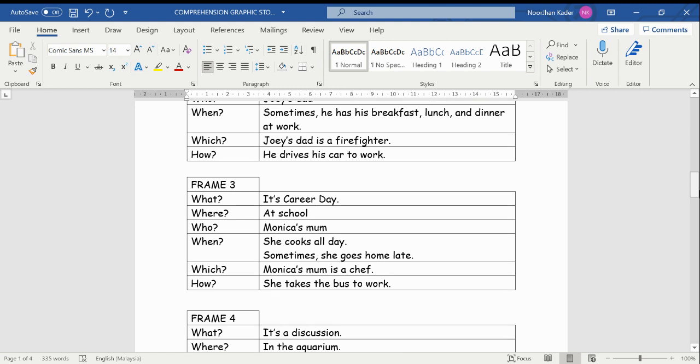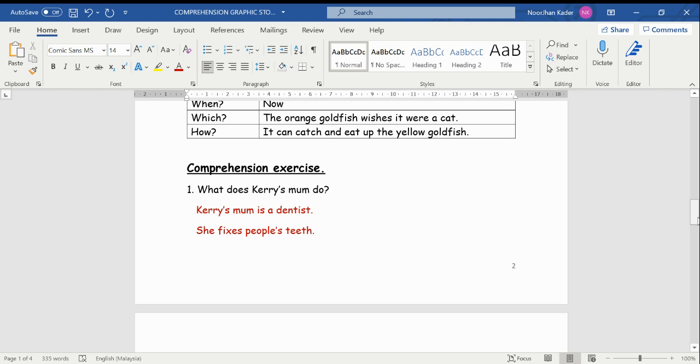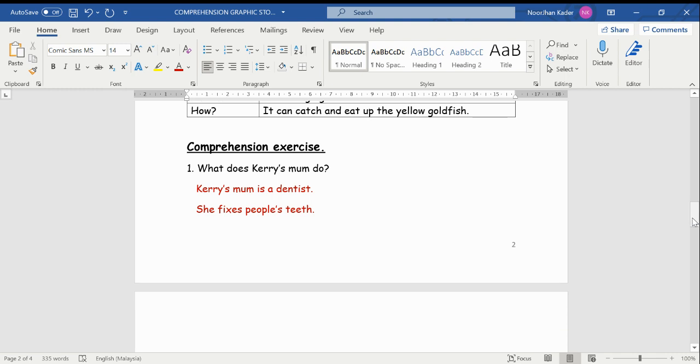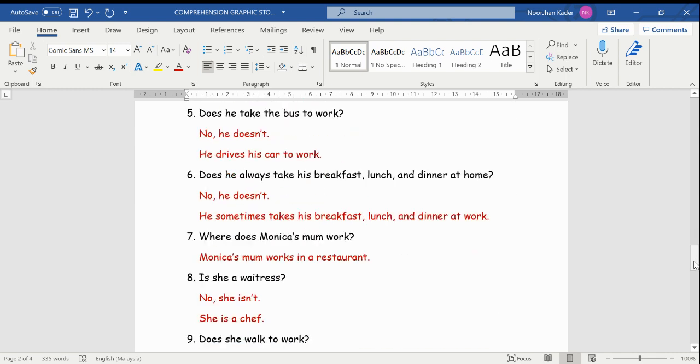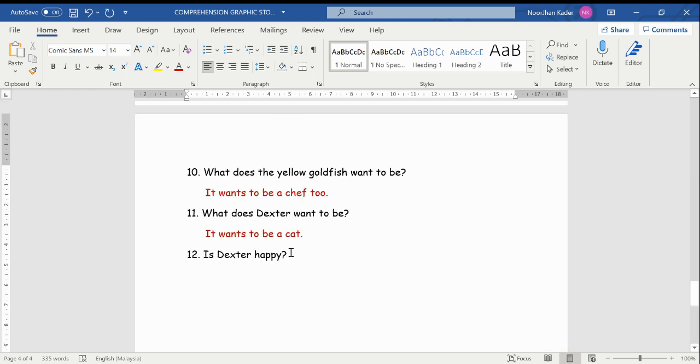So that is why Dexter has to wish that it were a cat so it can scare the yellow goldfish, who doesn't realize yet. You see? So is Dexter happy? Of course he's not, or of course it's not. So you can answer, no, it isn't.